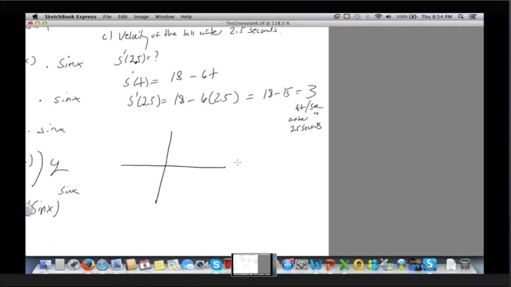So I need to plug in the original function into the calculator so I can see it. 18x minus 3x squared, graph. Zoom in. Enter. Zoom in.